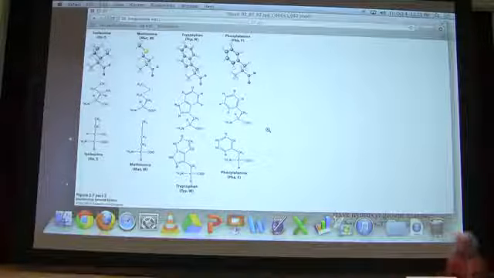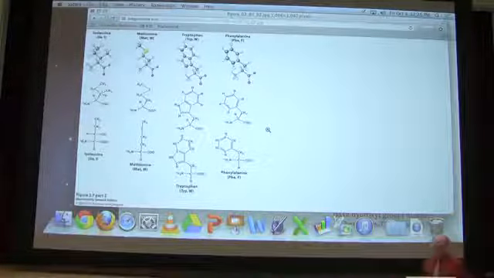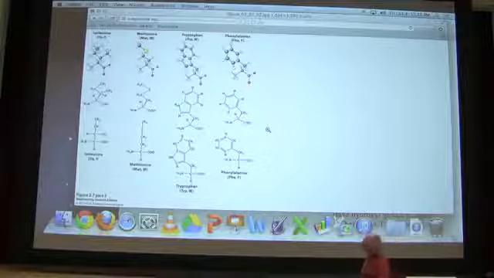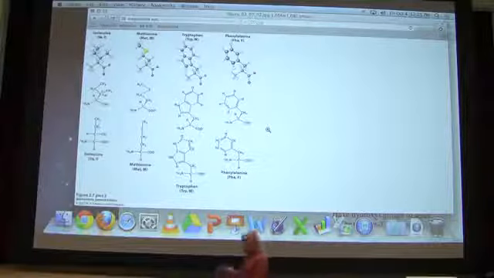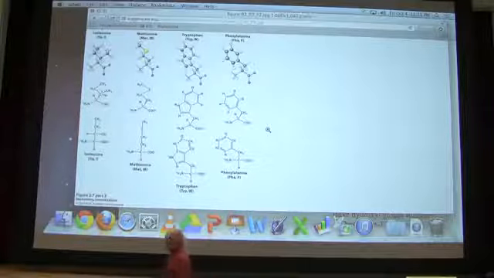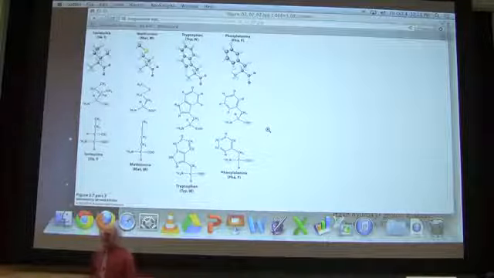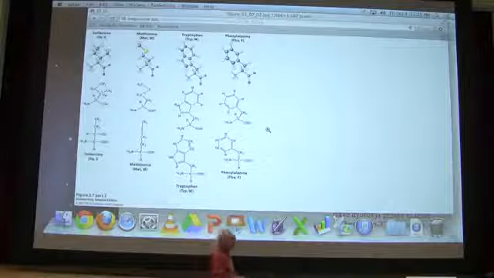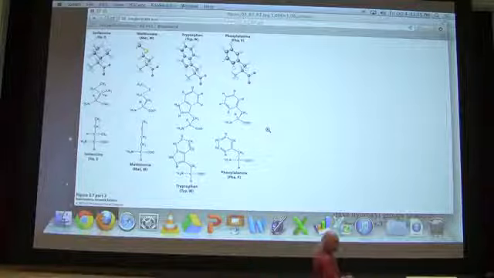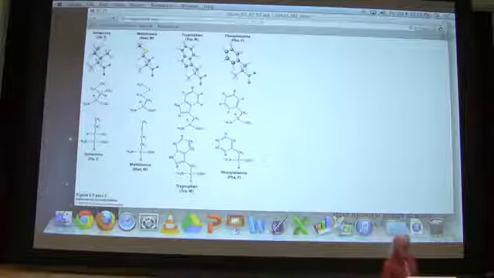We'll talk about that next term, but that's one sidelight. This sulfur group in methionine is not, underline not, very reactive. The sulfur in cysteine is very reactive. Big difference between those two sulfurs.